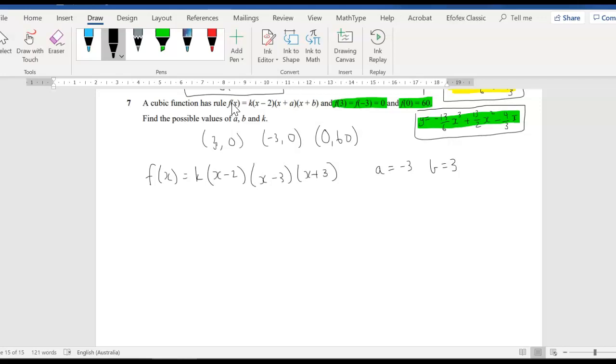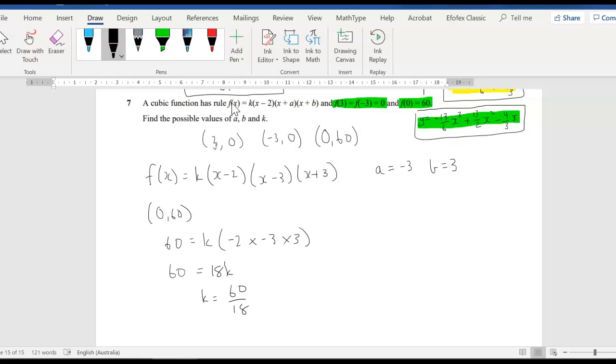So we're going to substitute in now the point 0, 60. So we've got 60 equals k times negative 2 times negative 3 times 3. So 2 times 3 is 6. 6 times 3 is 18. So we've got 18k. Here I was thinking we'd have a nice answer.